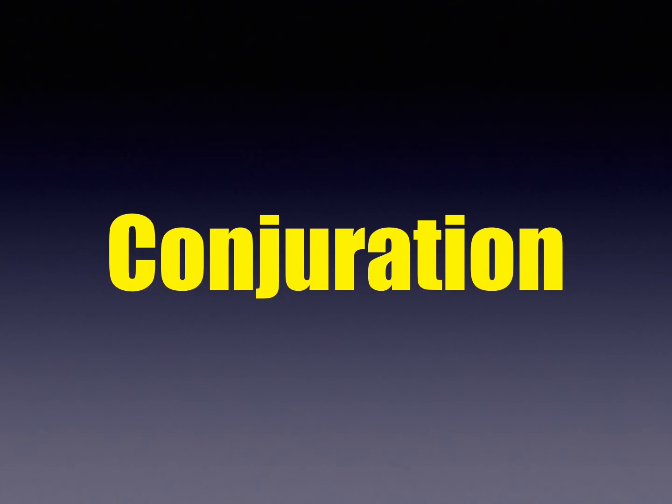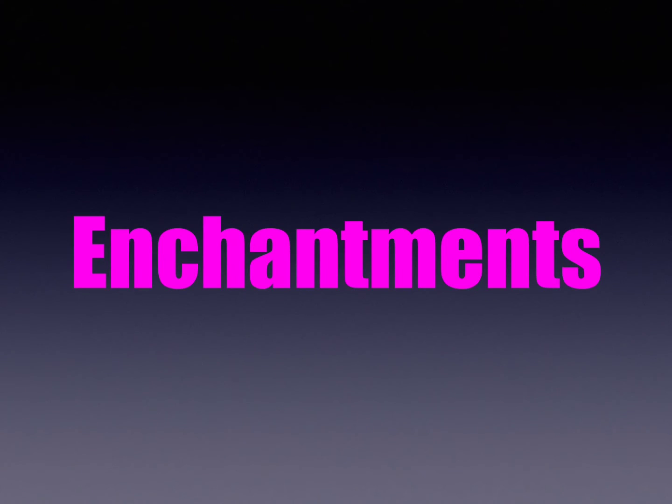Next, we have enchantments. How enchantments work is it's not really a spell. It's more like a chant that you have to say in order for the spell to work. Sometimes these chants can become small, but you have to say them over and over again for the spell to take effect.